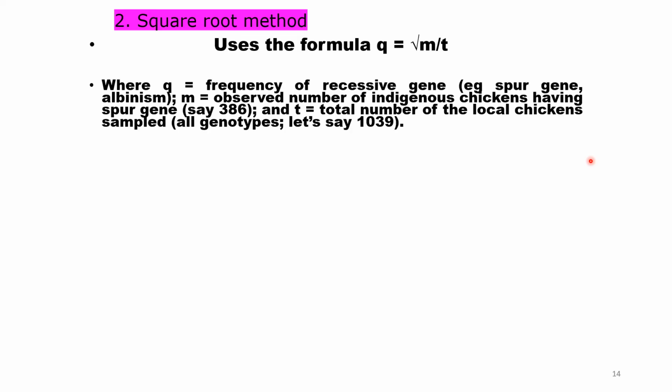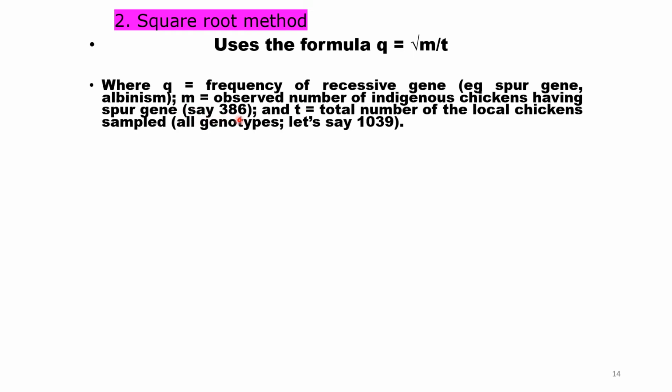Now, the second method is known as the square root method, and this uses the formula q equals the square root of m divided by t. Let's define these parameters. Here, q is the frequency of the recessive gene, for example, such a recessive gene as the spore gene, albinism, and so on, while m is the total number of individuals having that particular gene.